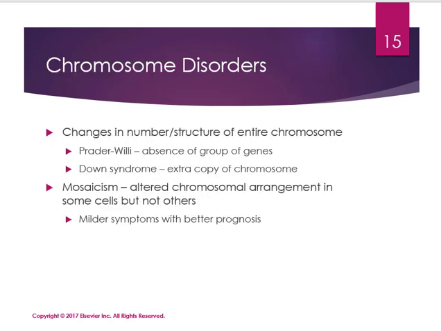In chromosome disorders, there can be changes in the entire structure of the chromosome or in the number. So Prader-Willi is an absence of a group of genes, and Down syndrome is an extra copy of the chromosome. Mosaicism is altered chromosomal arrangements in some cells but not others, and with this disorder you often see milder symptoms with a better prognosis.